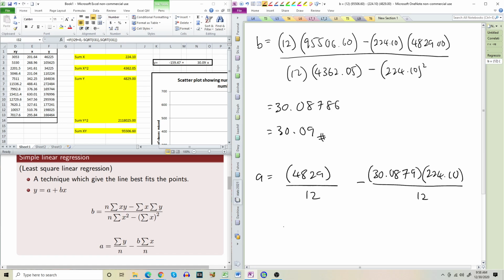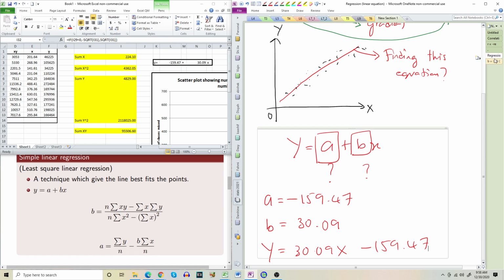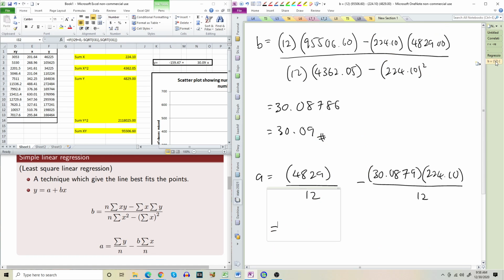This is again 12. And you will get here, so your A is negative 159.47.